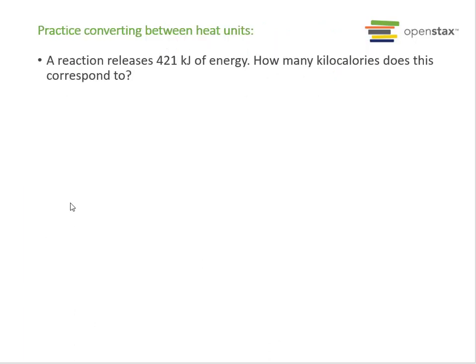So let's do a little practice. If we're told that a reaction releases 421 kilojoules of energy, how many kilocalories does this correspond to? So we're going to set this up and always start with what we're given. 421 kilojoules.